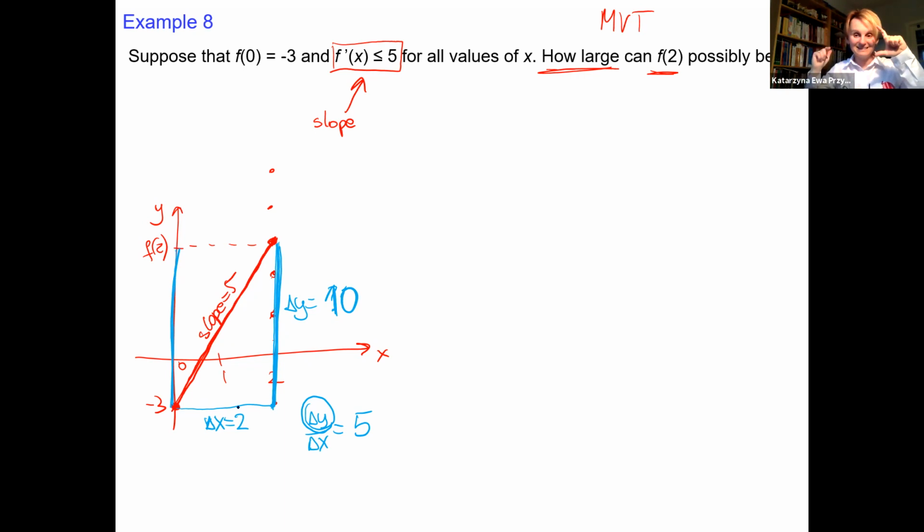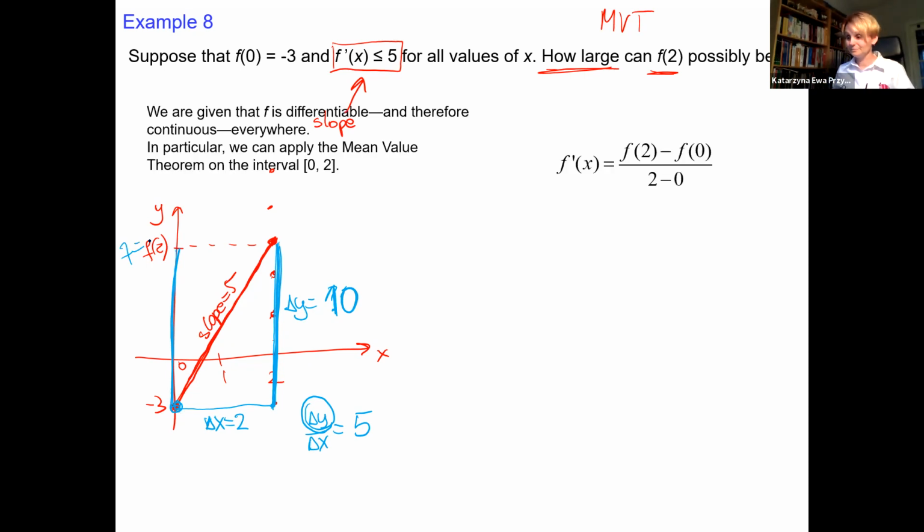Can you tell me what the value of f of 2 is? Yeah, we have to have 10 and we have 3 units below the x-axis, so 7, done. And we did use the mean value theorem, because I used that slope.